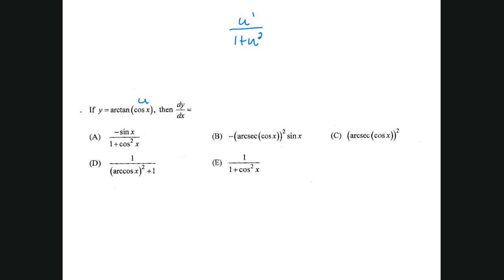So if I was going to take the derivative of this, the derivative of cosine is negative sine of x, all over 1 plus cosine squared of x. So it's just basically, as I said, a plug and chug formula to get the answers. Okay, so my answer should be negative sine of x over 1 plus cosine squared of x. Looks like letter A for that one.